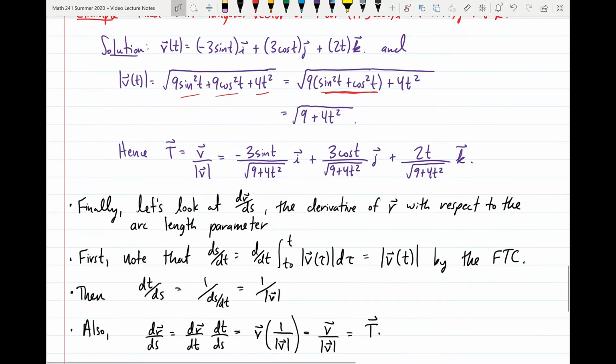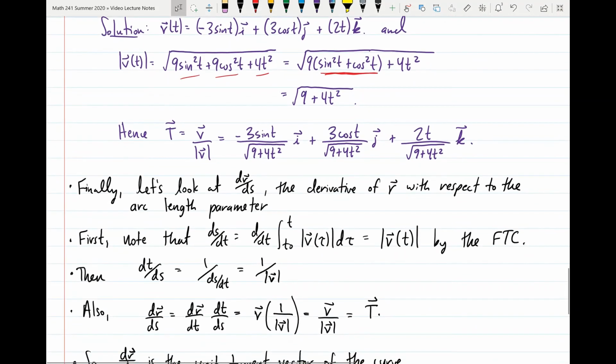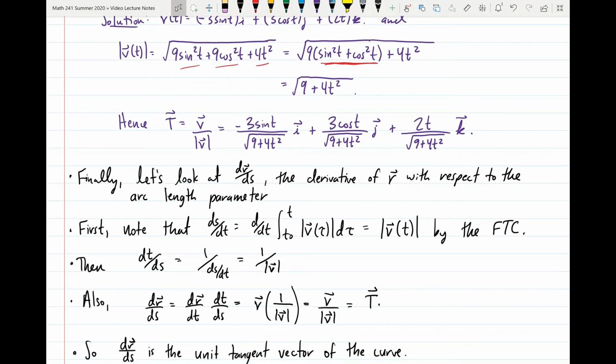And now we just apply the definition of the unit tangent vector T. So T is going to be equal to the velocity vector divided by the magnitude of the velocity vector. That'll be equal to this equation here, where we've just taken the velocity vector and multiplied through by 1 divided by the square root of 9 plus 4t squared.